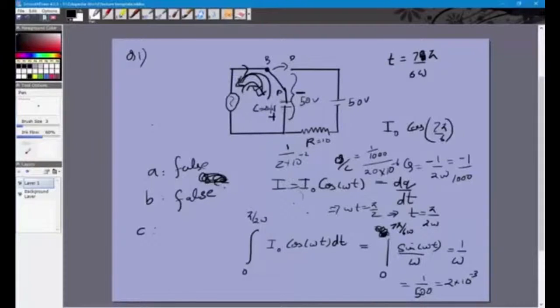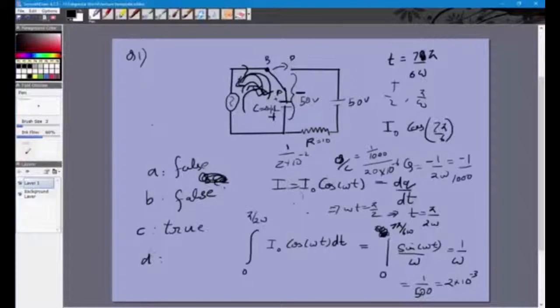Initially the upper plate is positive and the lower is negative. After T by 2 or pi by omega time, it reverses. So the potential difference is 100, therefore the current is 10. So C is true.